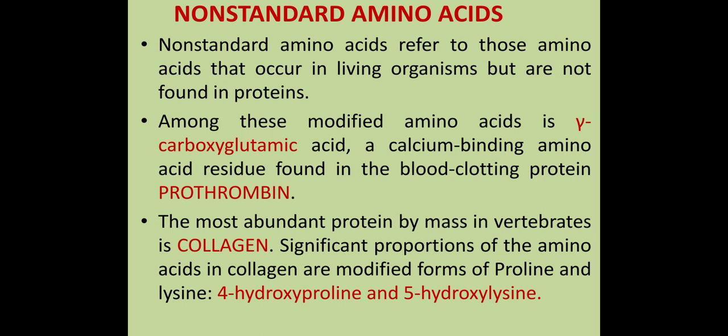Gamma carboxyglutamic acid is a calcium binding amino acid residue and it is found in the blood clotting protein prothrombin, whereas 4-hydroxyproline and 5-hydroxylysine are found in the collagen protein. Collagen is the most abundant protein by mass in vertebrates.